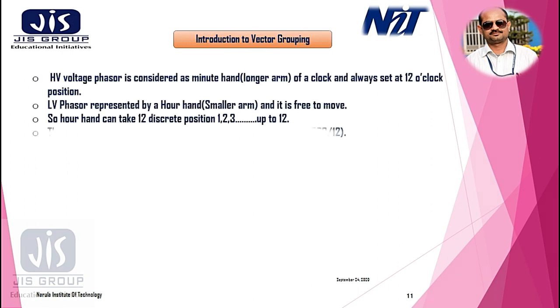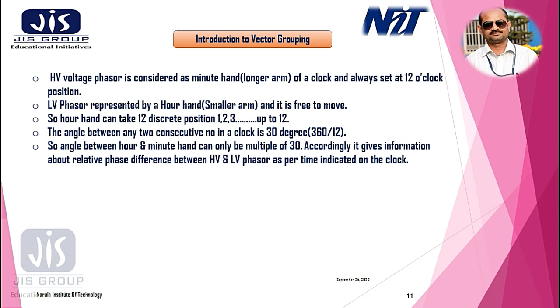So all I have discussed so far is that the HV voltage phasor is considered as the minute hand, the longer arm of a clock, and it is always set to the 12 o'clock position. So the 12 o'clock position of the minute hand is fixed. Only the hour hand, that is the low voltage phasor, rotates according to the phase position with respect to the HV winding.